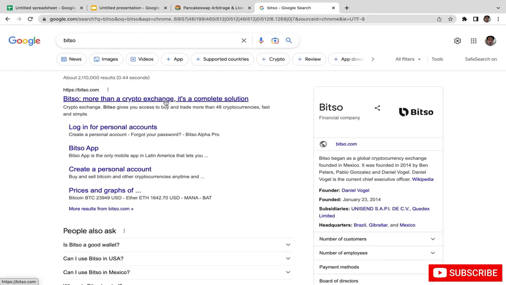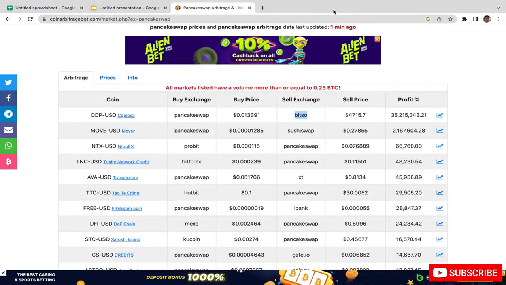It is a centralized exchange, and unfortunately, flash loan providers like Aave don't facilitate flash loans for centralized exchange trades. So even though the profit percentage here, the profit margin, is huge, 35 million, right?